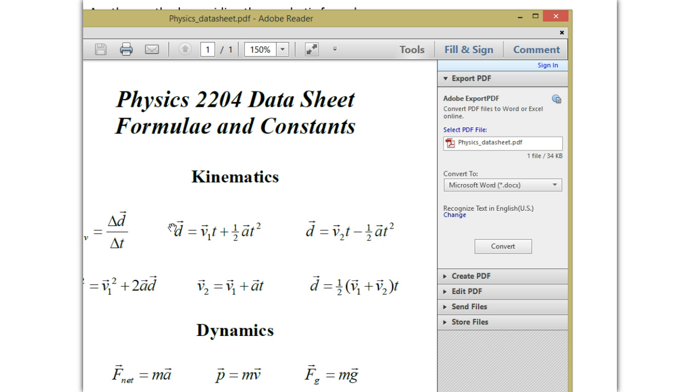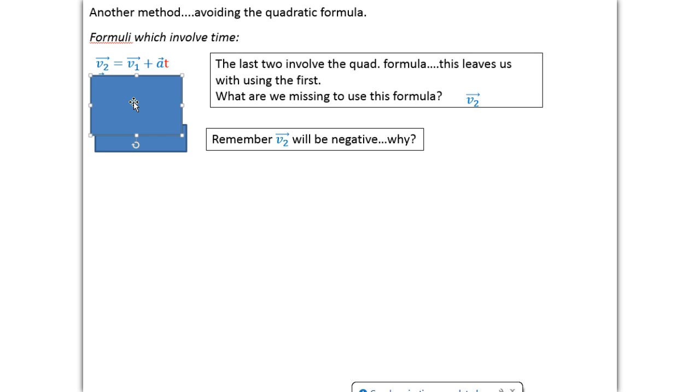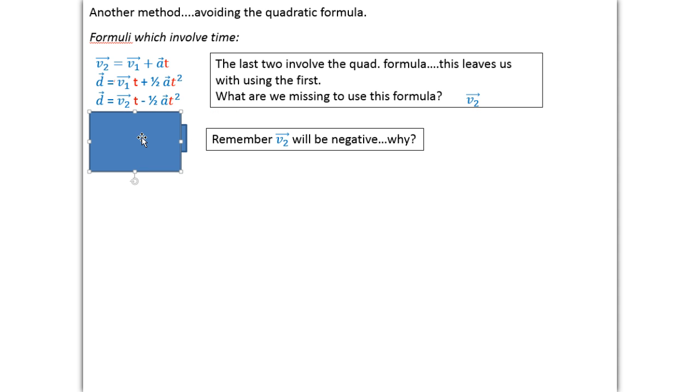And they should also include the information that we have. So we don't know anything about V2, so we won't use that one. We have acceleration, time, and displacement there. So let's just go back. We do have this one, V2 equals V1 plus AT. So that involves time. We have this one here, and we have that one there.